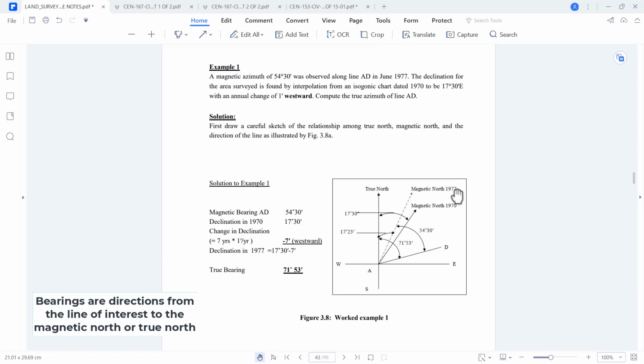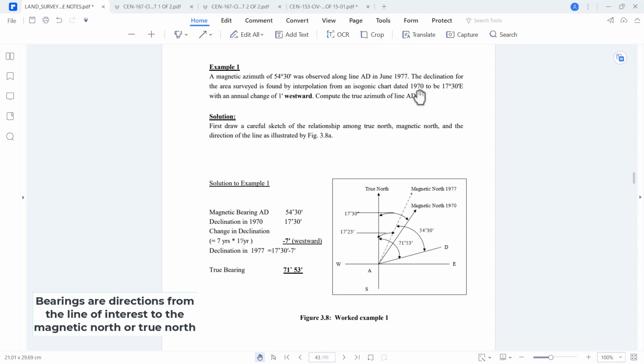And we know that the declination is the shift, or the angle, between the true north and the magnetic north. So you have to indicate that the angle between the magnetic north here is 70 degrees 30 minutes.